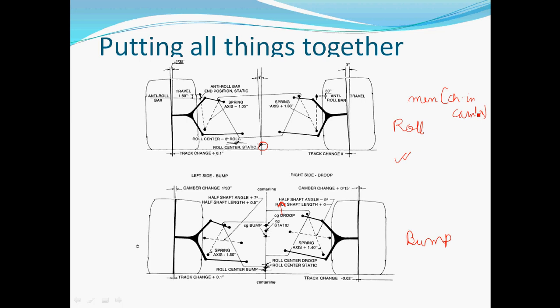Why should it be minimum? Because at the time of cornering, if your wheel is upright, then you will get more traction and you can get an edge over your competitors. Now, at the time of cornering, your inner wheel will have a negative camber, while your outer wheel will have a positive camber.